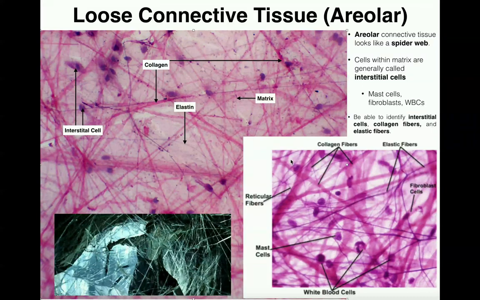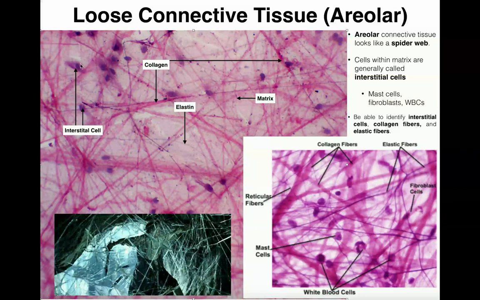There are three major things we want to be able to identify in the tissue. The first is what's called interstitial cells. These interstitial cells are just the various cells that perform functions within the tissue. I'm not going to require that you identify the specific type of interstitial cell because there are multiple kinds. Like I said, we have mast cells, fibroblasts, white blood cells, but just know that it is an interstitial cell, which is a general term for all the cells within this tissue.